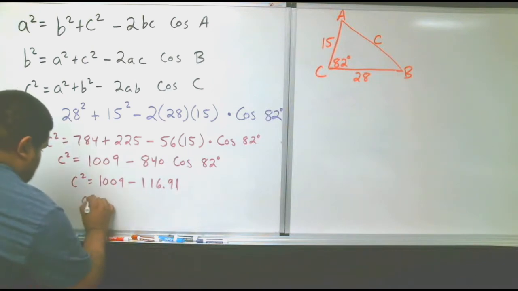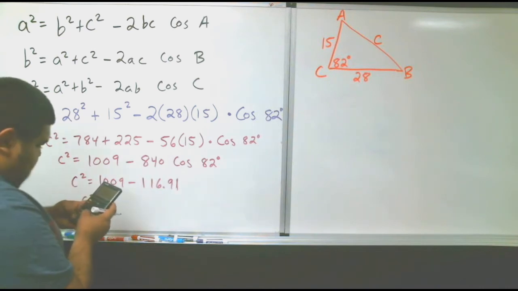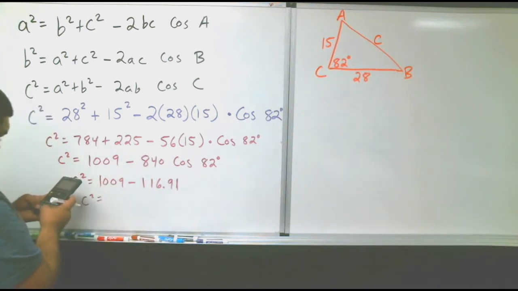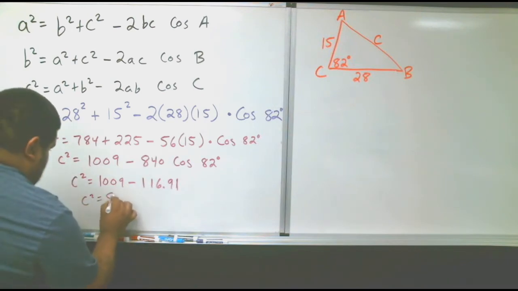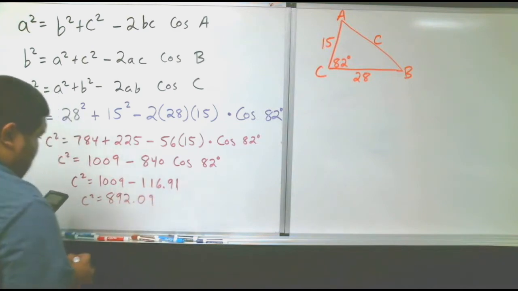So now we have c squared equals 1009 minus 116.91, which equals 892.09.